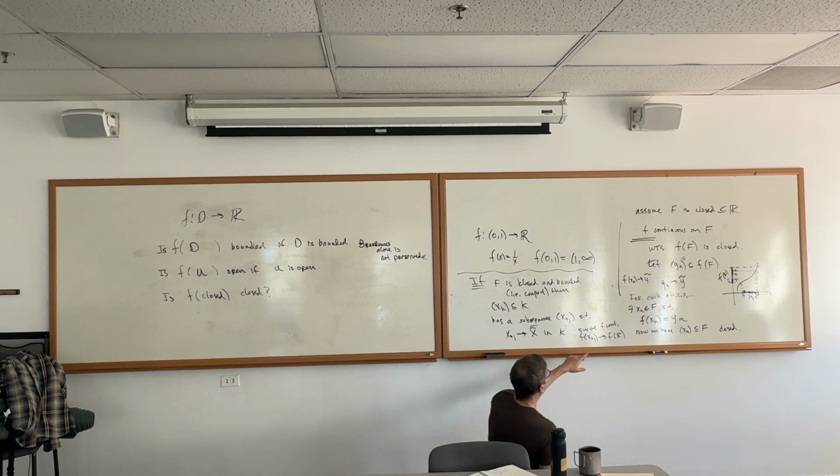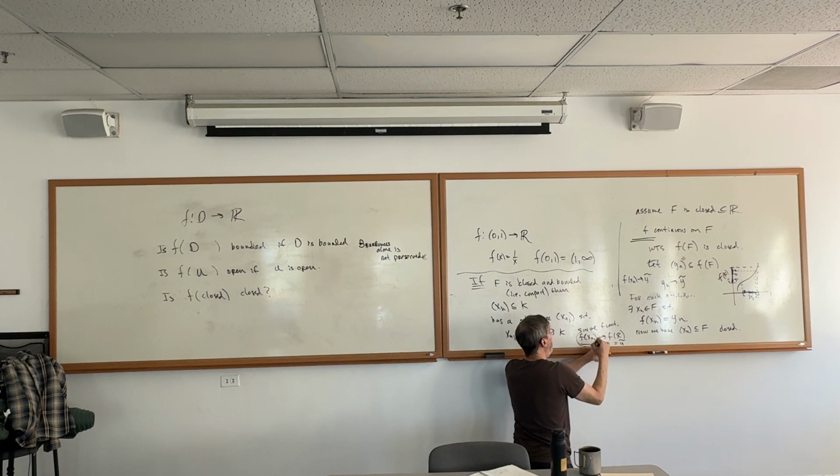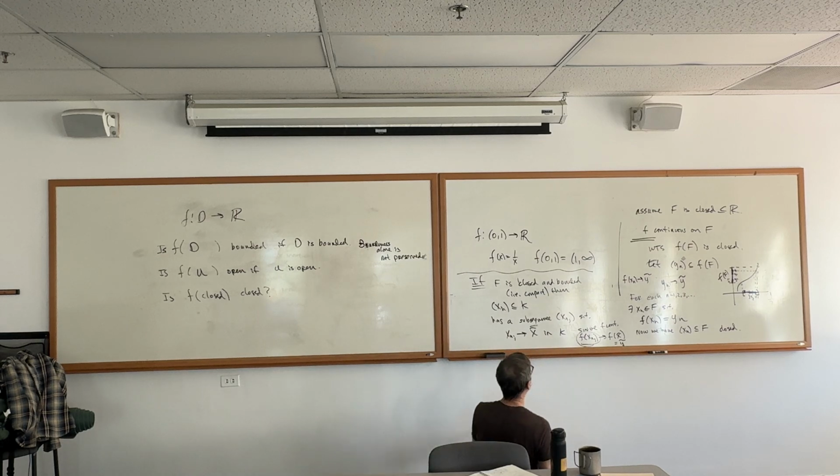And that f of x tilde must be y tilde, because this is a subsequence of our original sequence. Our original sequence converges, so if the subsequence goes to this limit, everything must go to this limit, and this must be the original limit of our sequence.